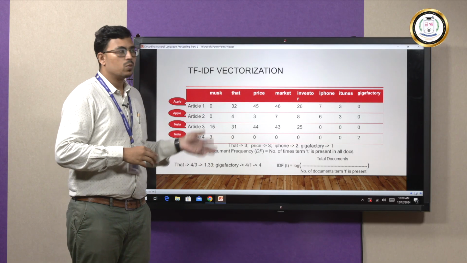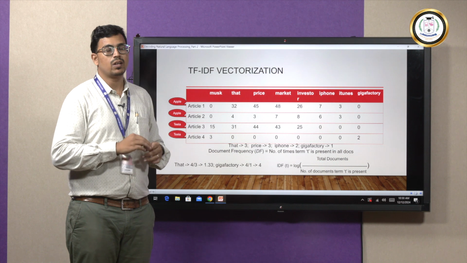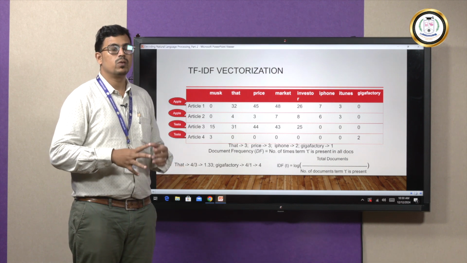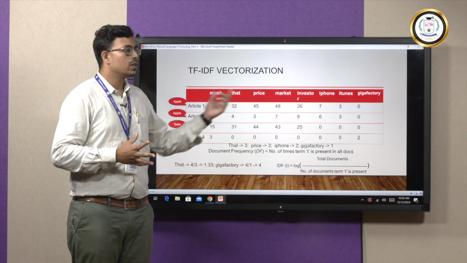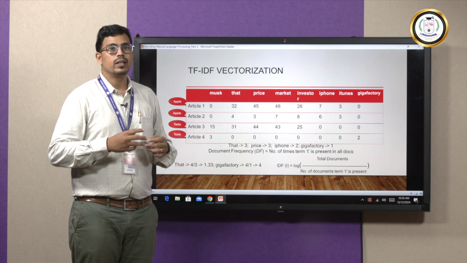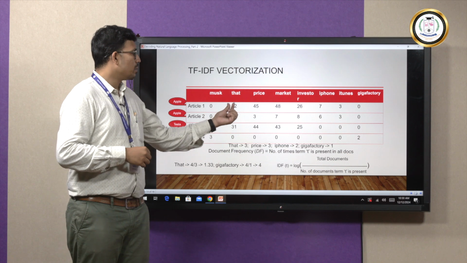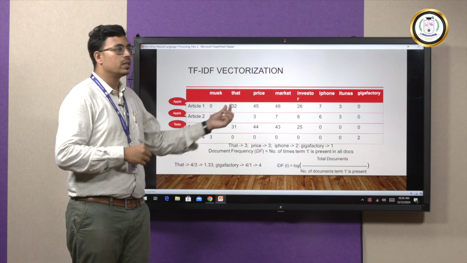But this is a small data set, and this is not enough. In real time, there will be a huge amount of data, so it is also important to find the term frequency. We need to find how many times a particular word is present in that article.